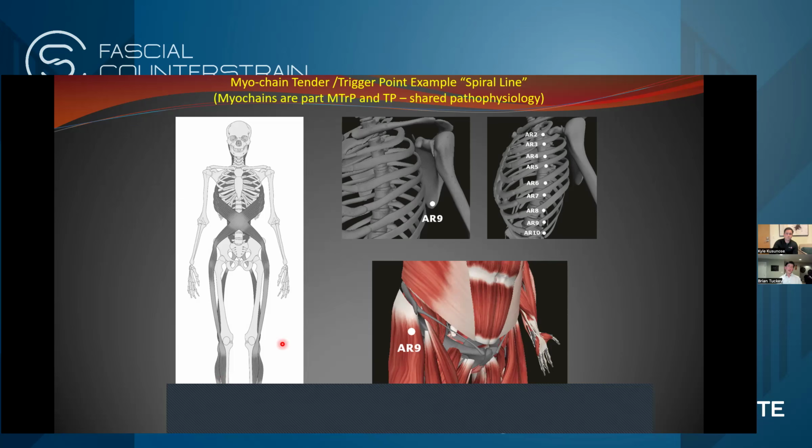So right here at the insertion of the serratus, there's a big strong insertion at the anterior inferior scap. I can monitor that. There's a nasty tender point on the bottom of the ninth rib in that anterior axillary line. It's all part of the same spiral line. And on the opposite tensor fascia lata, there's a nasty trigger point. So we could monitor any of those and do just one position held for 90 seconds after fine tuning.